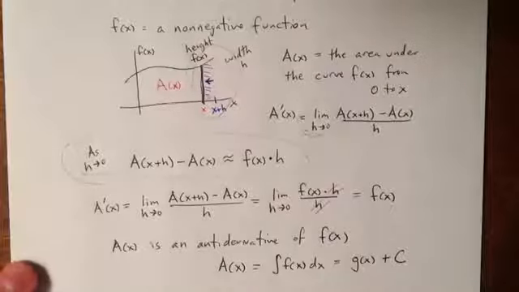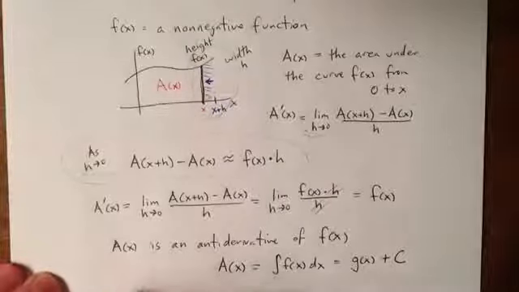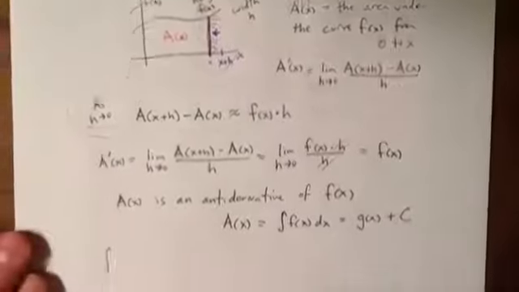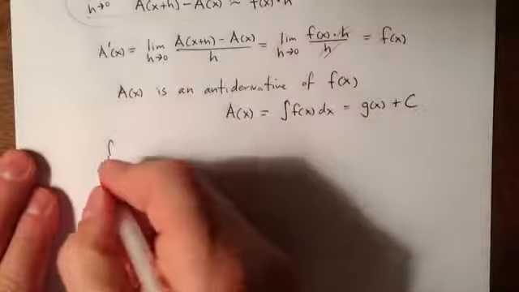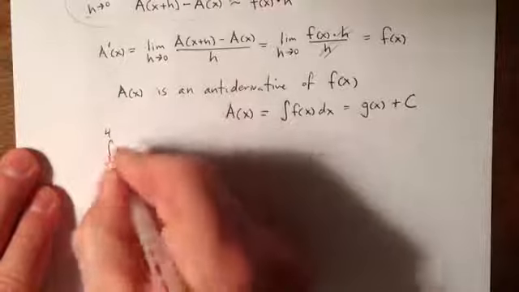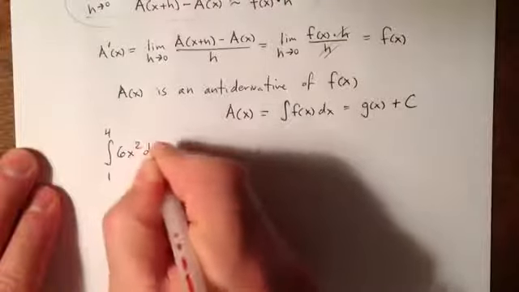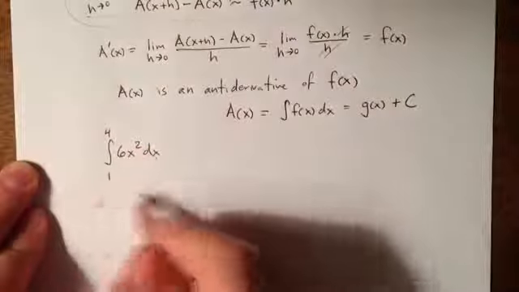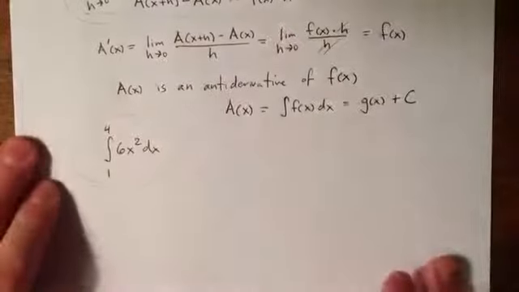So let's think about an example. We know that a definite integral like the following, the integral from 1 to 4 of 6x squared dx. This notation represents an area amount.